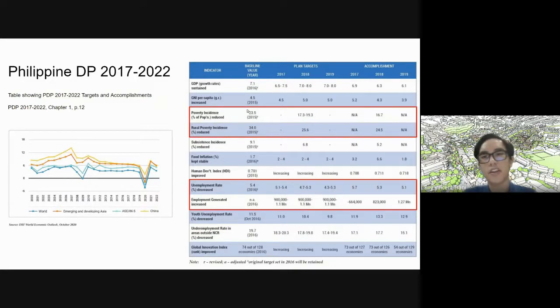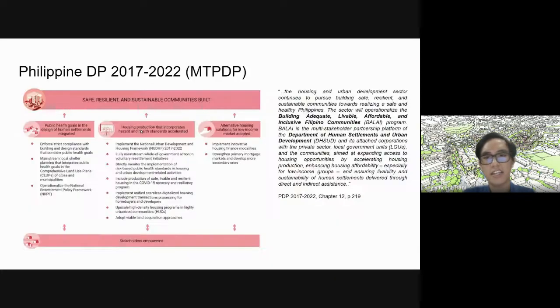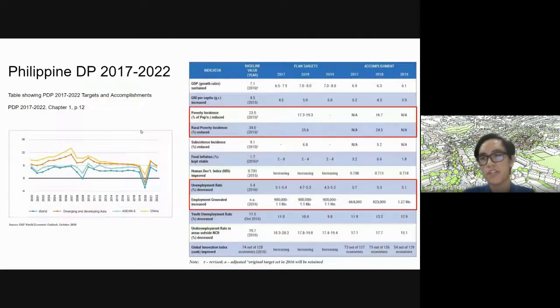Anyway, another interesting table that can be seen in the 2017-2022 development program is their history of targets and accomplishments. They have here a target of, let's say, GDP, number one. Baseline value as of 2016 is a 7.1 GDP growth rate.